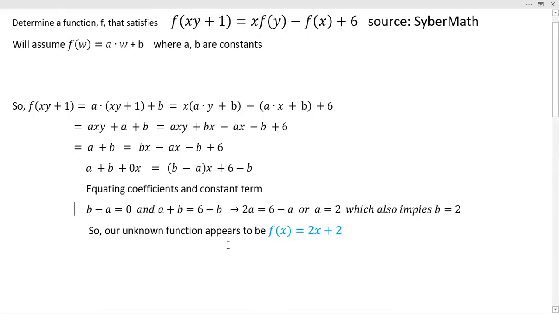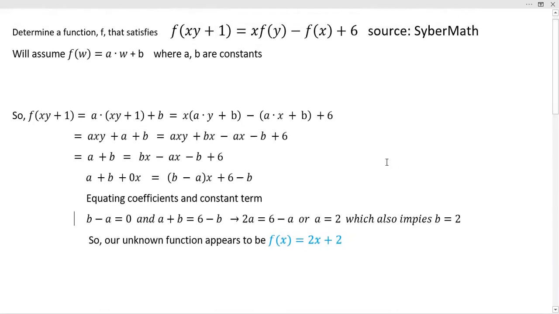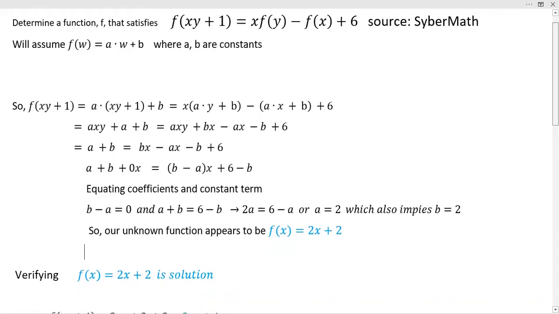It appears to be. And again, I'll repeat, this is where the CyberMath solution sort of stopped. They verified it, I think, with maybe one number or something. But I think this part right here is a very crucial phase of the problem. This is our alleged solution.